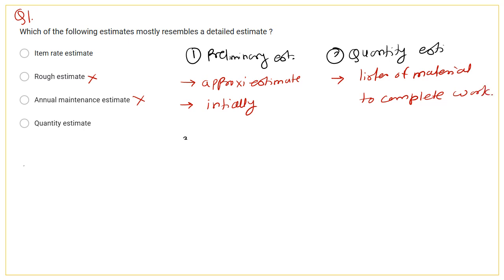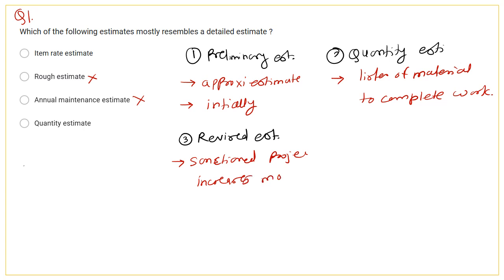Then next is revised estimate. A revised estimate is that estimate in which the sanctioned project estimate or cost increases, and which is more than 5%, then this revised estimate is formed.